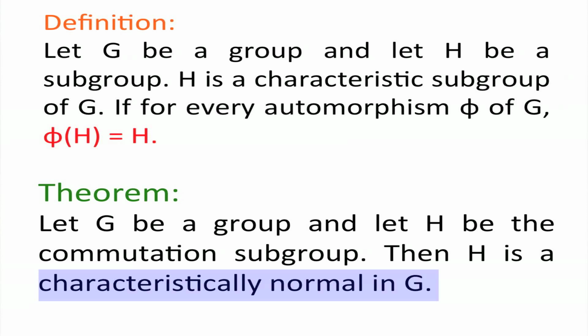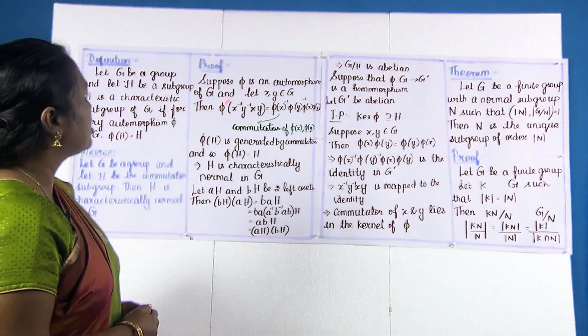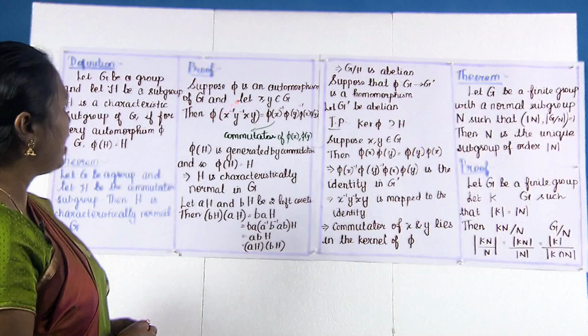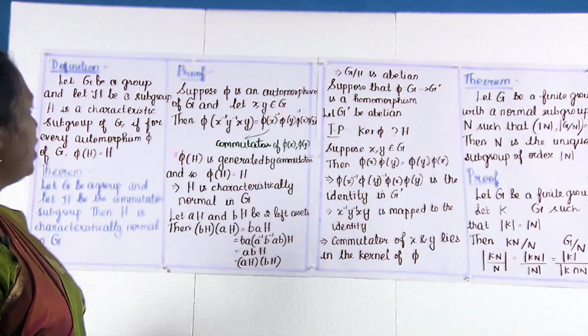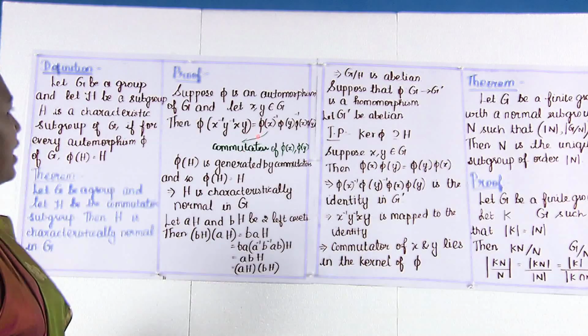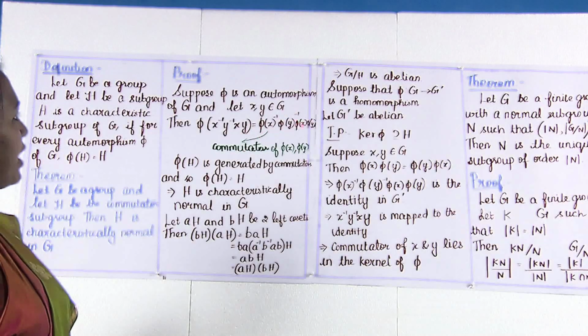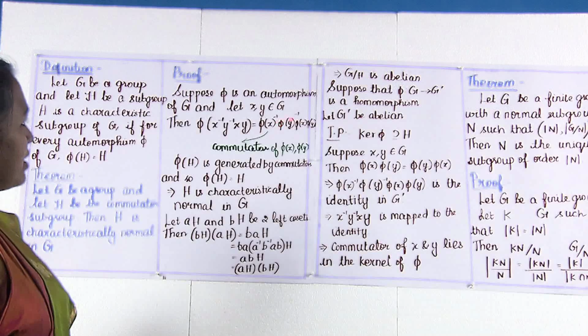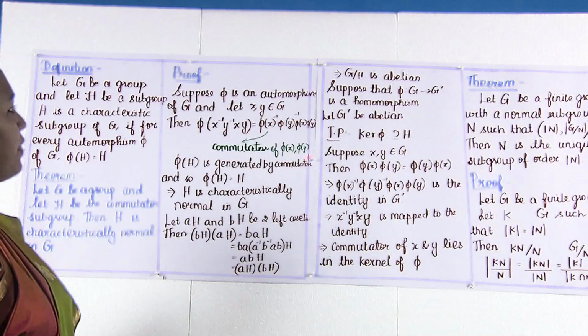Now, the proof is, suppose phi is an automorphism of G and let x, y belong to G, then phi of x inverse y inverse x y is equal to phi x inverse phi y inverse phi x phi y. Let us recall that this is the commutator of phi x and phi y.